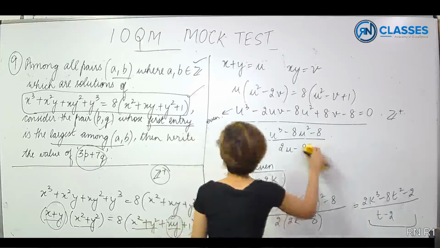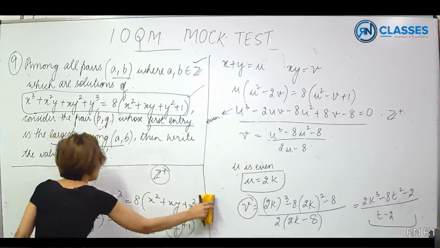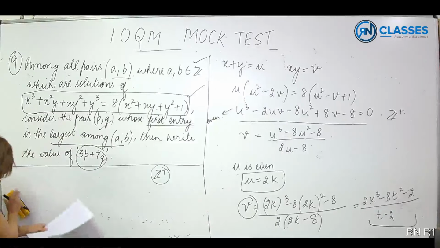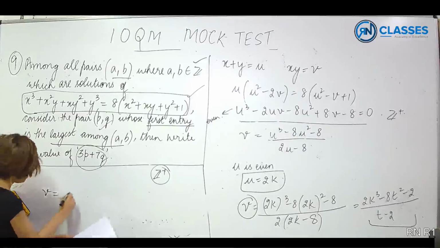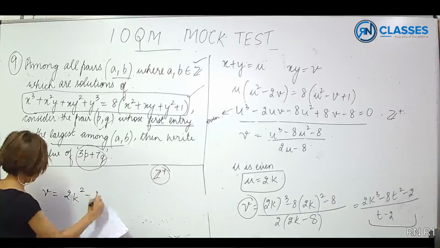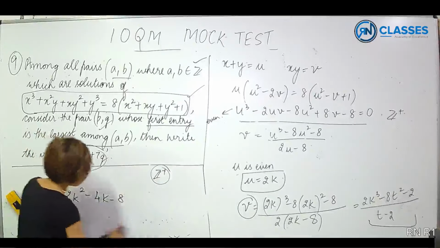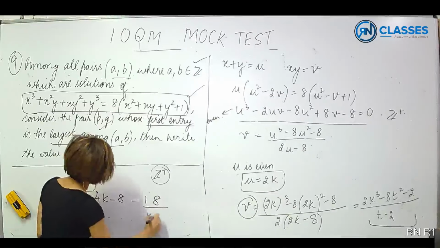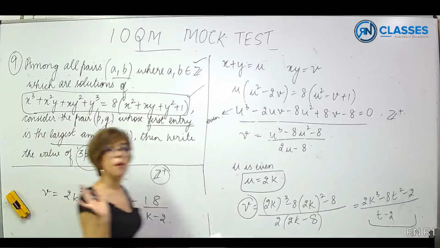The expression ultimately turns out to be v is nothing but 2k square minus 4k minus 8 minus 18 divided by k minus 2. We like this number now.